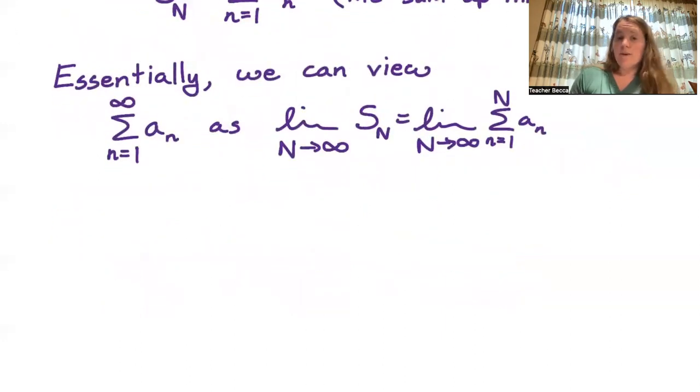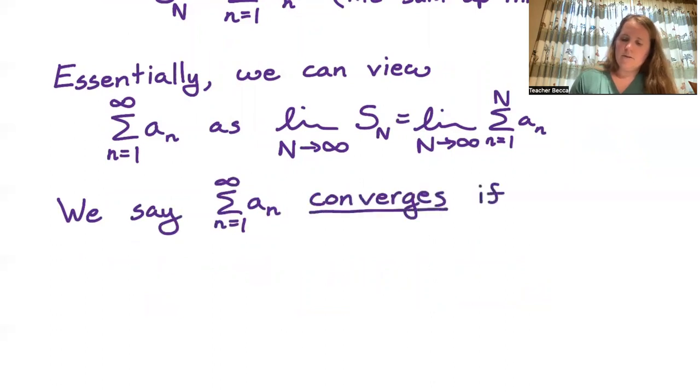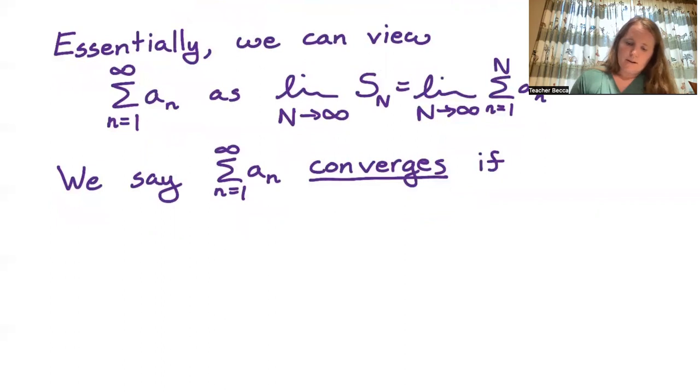So, to define our limit, we say that the sum from n equals 1 to infinity of a sub n converges if the sequence of partial sums converges. So if the limit as n goes to infinity of our S sub n exists and is finite.